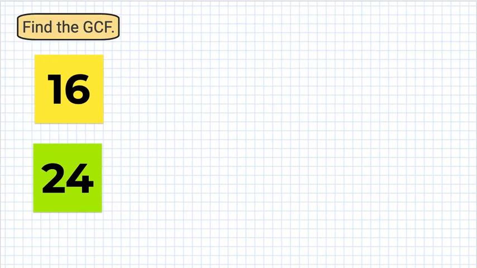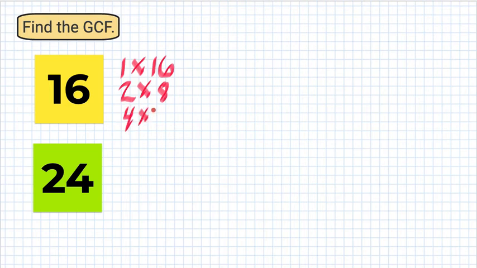Now let's have another example, and we have here 16 and 24. Let's think of two numbers that when we multiply, the answer is 16. We'll start with the very common, the 1 and itself. 1 times 16, 2 times 8, and the last would be 4 times 4.